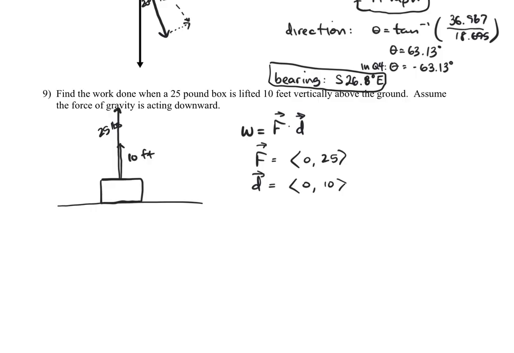So the dot product is equal to the linear combination, the product of the horizontal components plus the product of the vertical components. So it takes 250 foot-pounds of work.